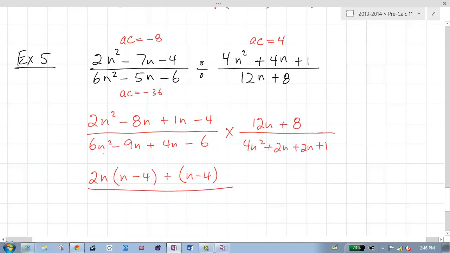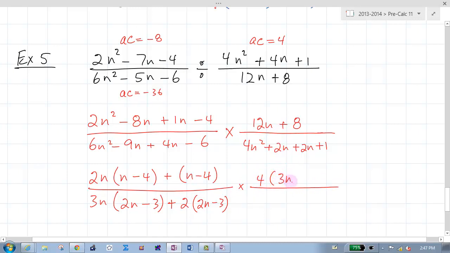Over, I do the same thing for the denominator. I have 3n as the GCF. I get 2n minus 3 plus, I take 2 as a common factor of the last 2 in the denominator. I get 2 as the common factor. I get 2n minus 3 multiplied by, I'm going to take 4 as a common factor in the numerator.